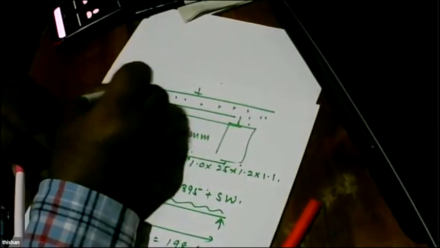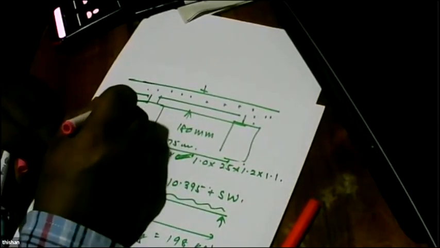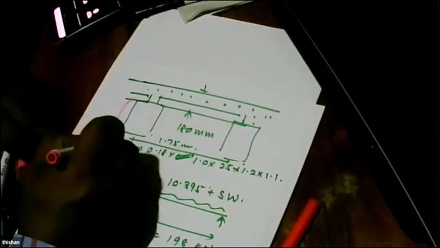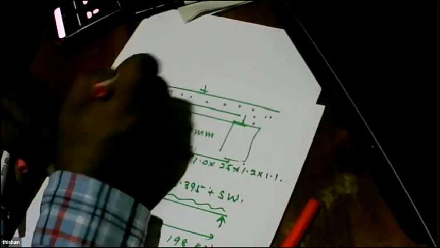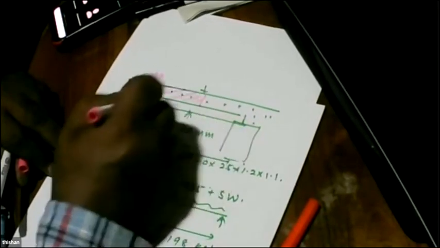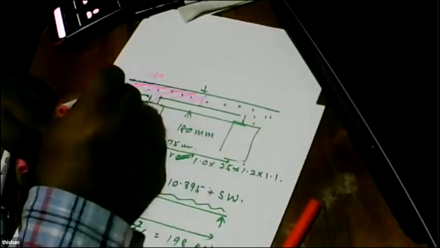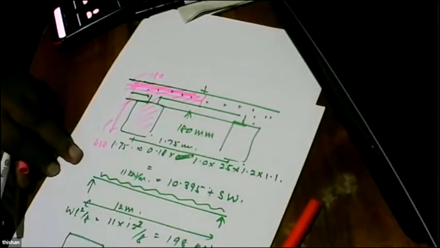This will behave primarily as a flange beam, and this is 650. This is 180. And all this flange is going to go into compression, so this flange area will be in compression.